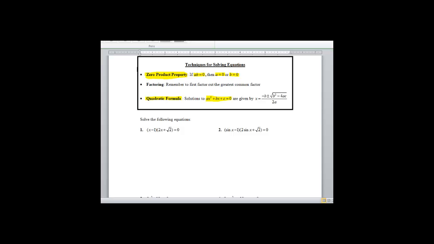As a side note, you also have to get it in that form if you're going to solve by factoring, because to use the zero product property, the equation has to be first set equal to 0. The same thing applies when you're solving by quadratic formula. You have to first set it equal to 0, and then the solutions are obtained by using that formula, which is known as the quadratic formula.